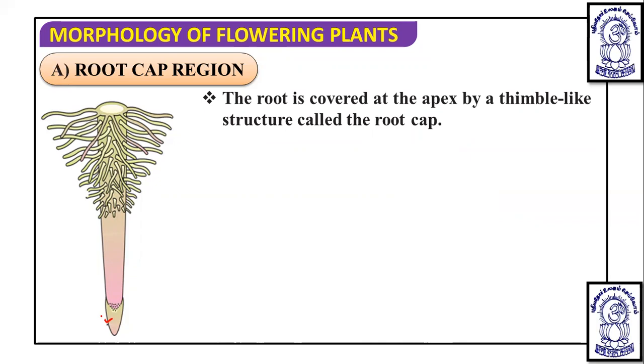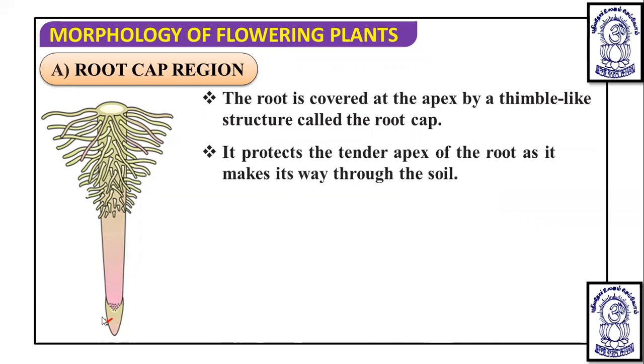This root cap protects the tender apex of the root as it makes its way through the soil. If the root wants to penetrate through the soil, it needs a root cap. If the root cap is not there, then the apex will be injured.